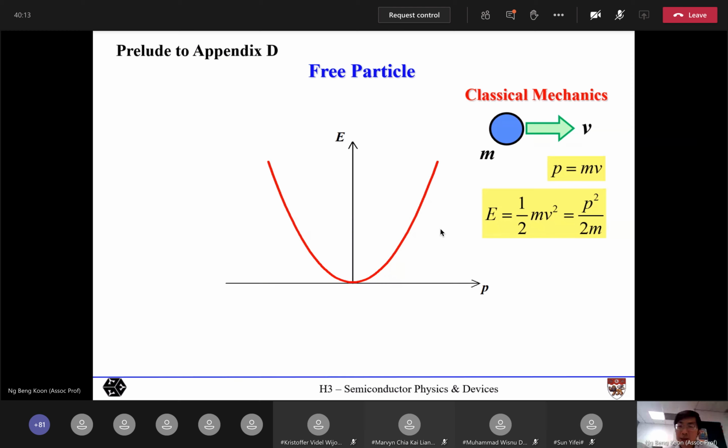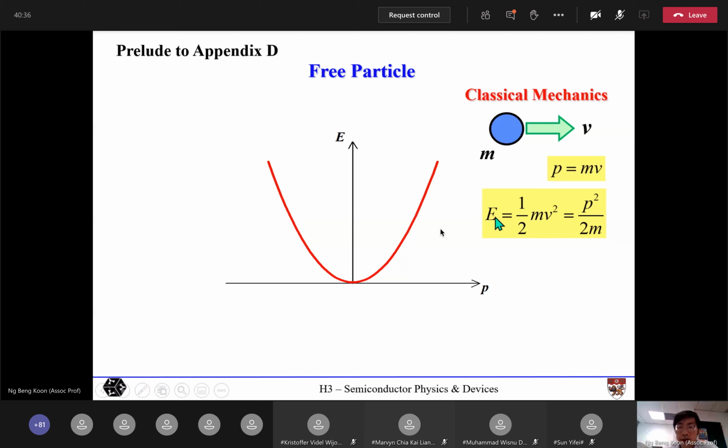We can rewrite this to relate it to the kinetic energy of the free particle. If your kinetic energy of a free particle is half mv squared, we can write it in terms of the momentum. Because we know that momentum is mv, we replace the v with p/m. If you work it out, you get p squared over 2m.